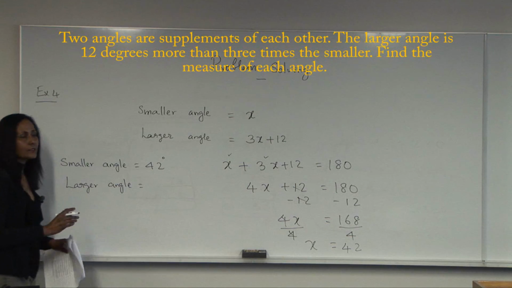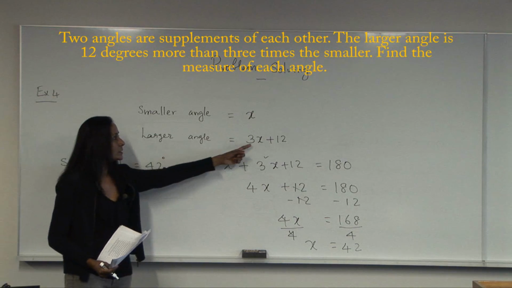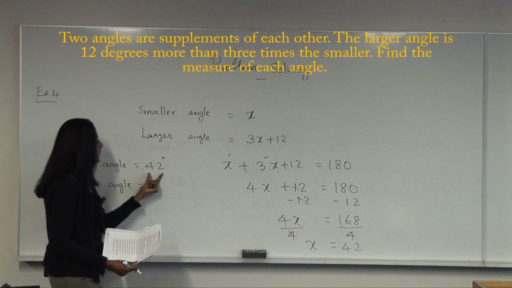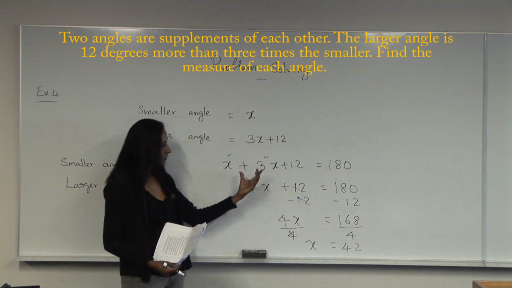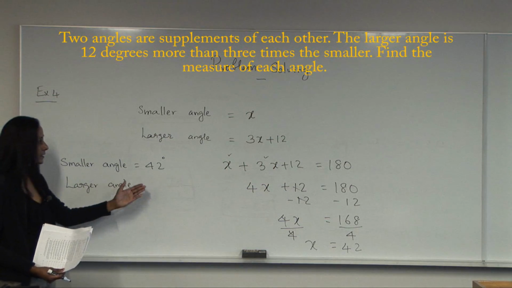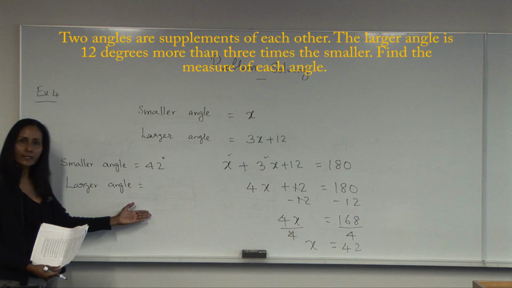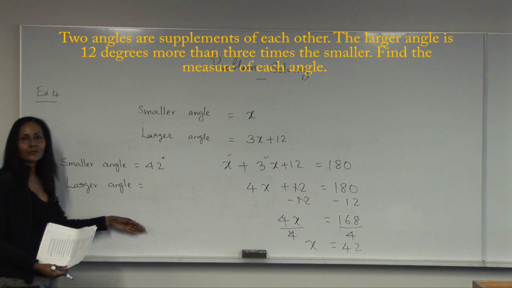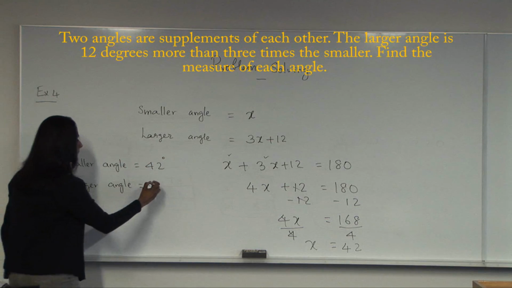So the larger angle is, see here you can use this one. You can substitute 42 in the place of x. Or because the sum is 180, right? If this is 42, how do we find the other one? 180 minus 42 will give you the other angle, correct? So you can do it either way. But I am going to use that one.